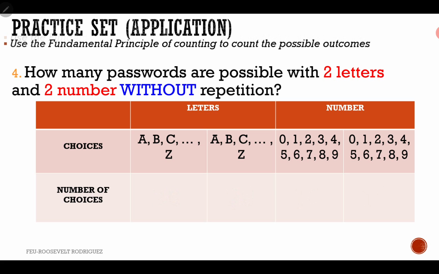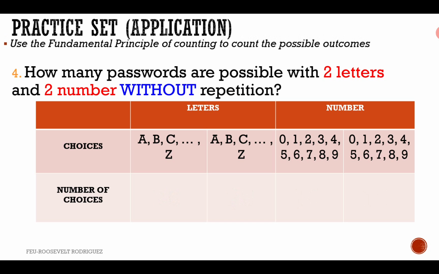And then, next one, so the question is, how many passwords are possible with 2 letters and 2 numbers without repetition? Since repetitions are not allowed, so this is an example of dependent event. Why?